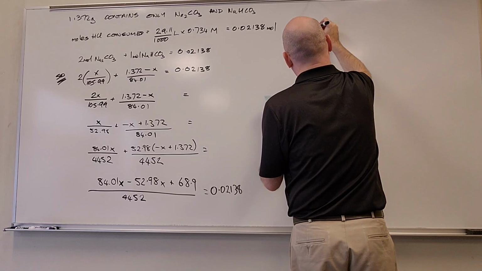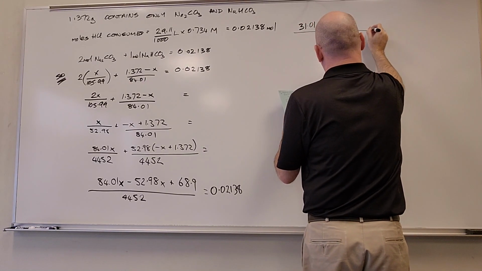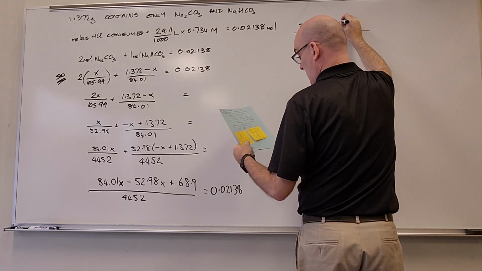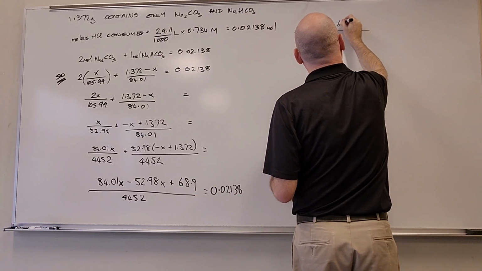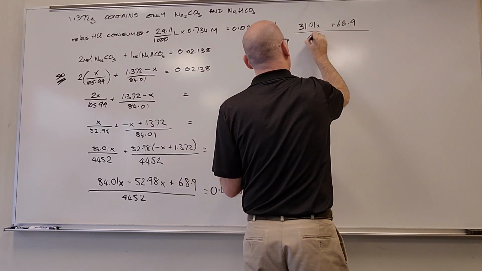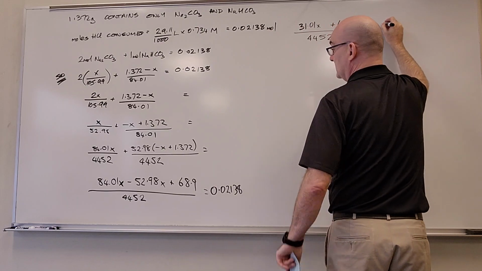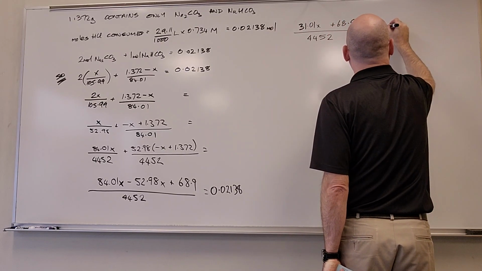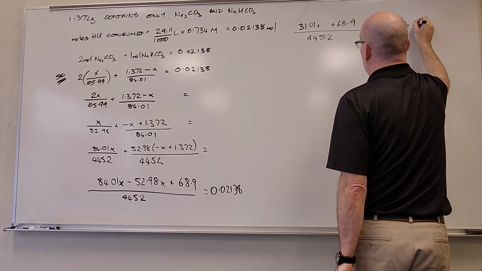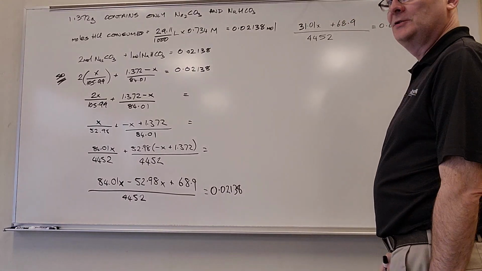There you go. And my 68.9 stays where it is. And the 4452 stays where it is. And all of this is equal to 0.02138. Okay, getting closer to it now.